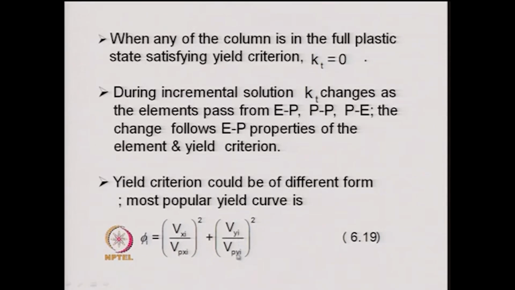Similarly, Vyi and Vpyi can be defined, that is the quantities in the y direction, and the square of these two together is called phi I.